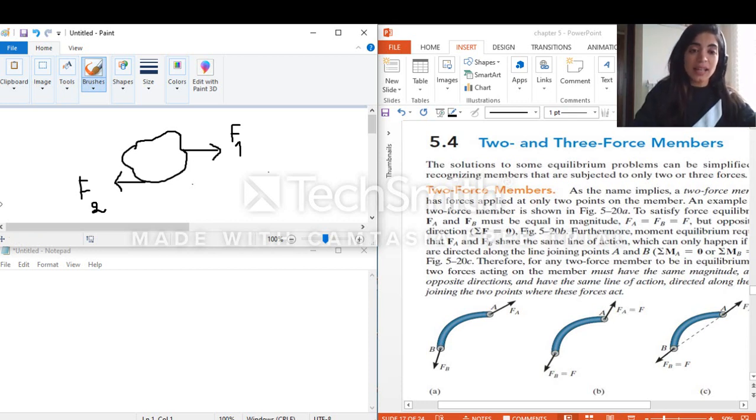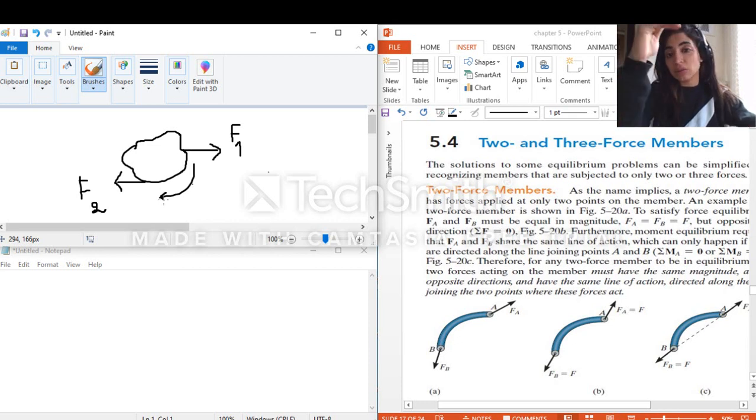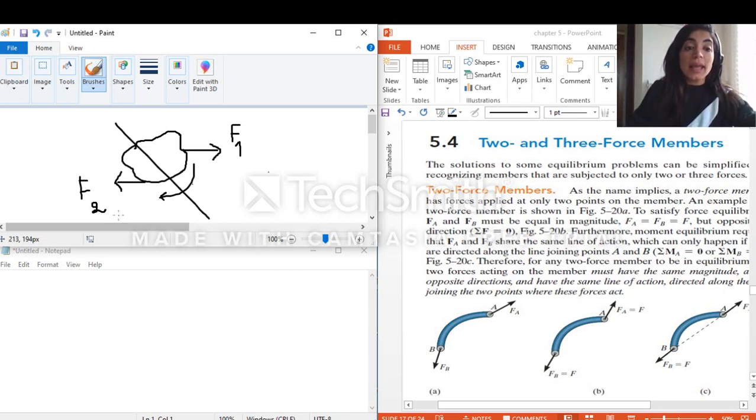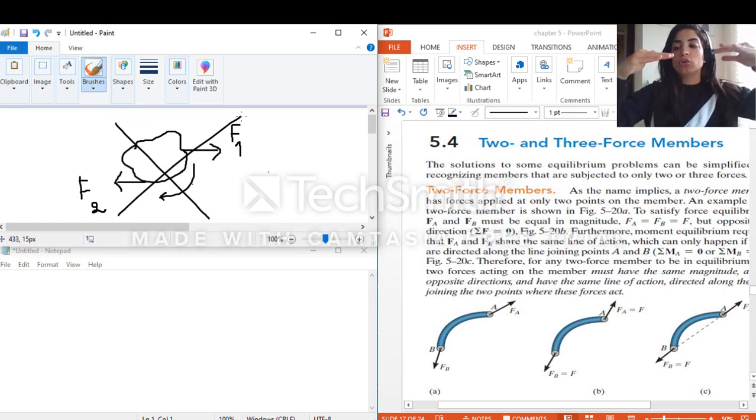Because in fact, guys, these 2 forces will cause a couple moment that could not be equal to 0, and this couple moment will be equal to F times d, since F1 is equal to F2. Which means, guys, in order to satisfy the equilibrium, these 2 forces should be on the same line of action so that the couple moment will never happen.